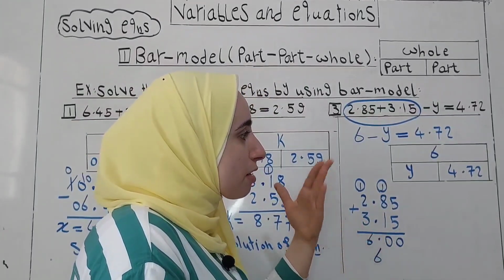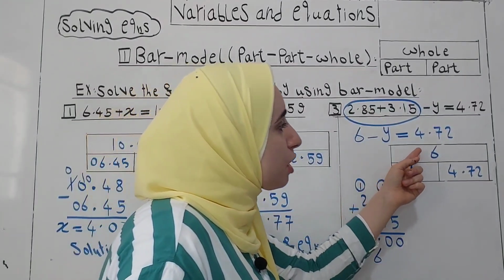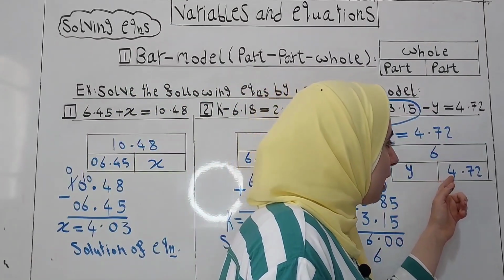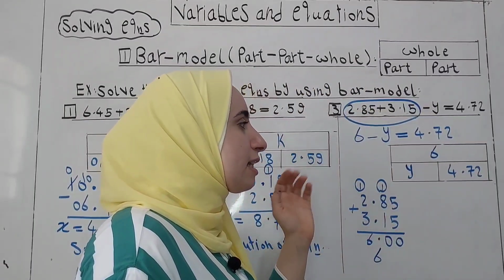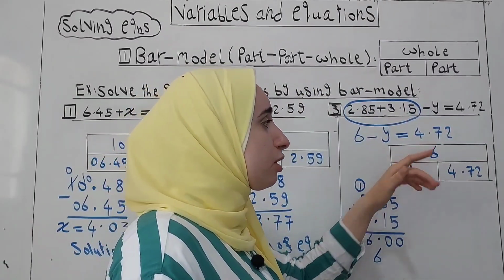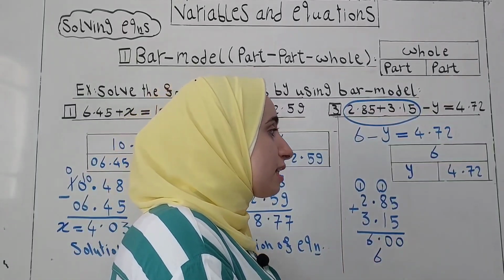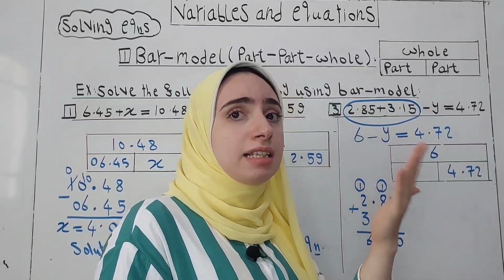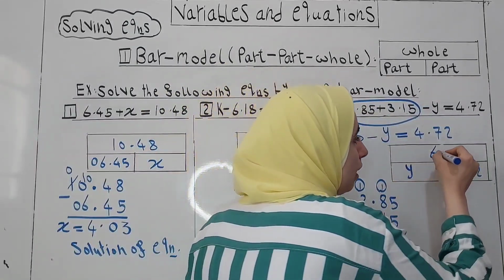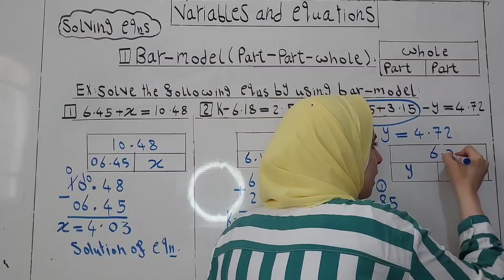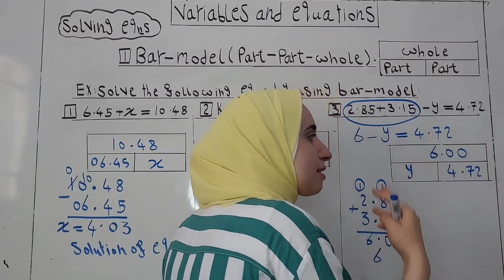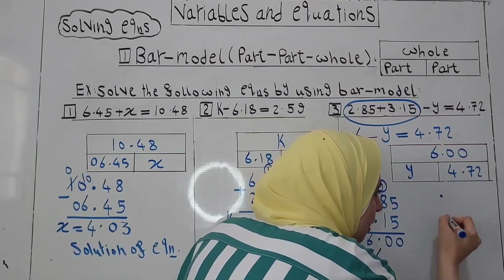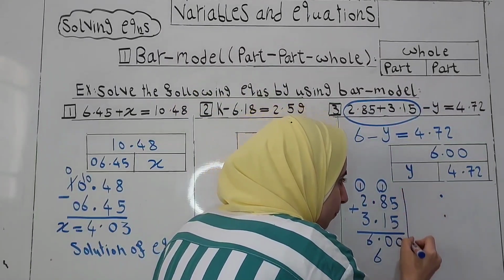At the first, we must check the number of digits. The minuend has one digit in the integral part, and the subtrahend has only one digit in the integral part. But the minuend does not have any digits in the decimal part, but the subtrahend has two digits in the decimal part. So we fill the tenths and hundredths with two zeros. Now we align them. We put the decimal point above the decimal point.